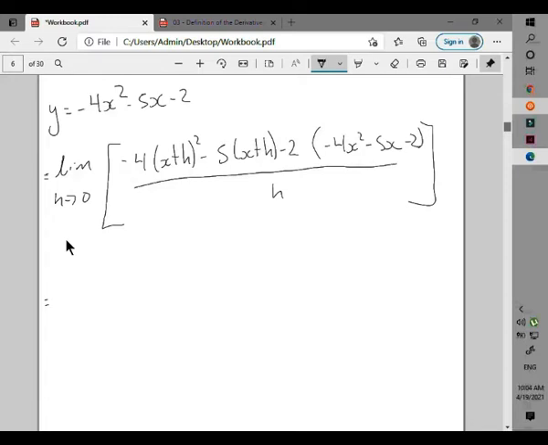So is equal to the limit as h approaches 0 of, alright, so I'm gonna skip a line.